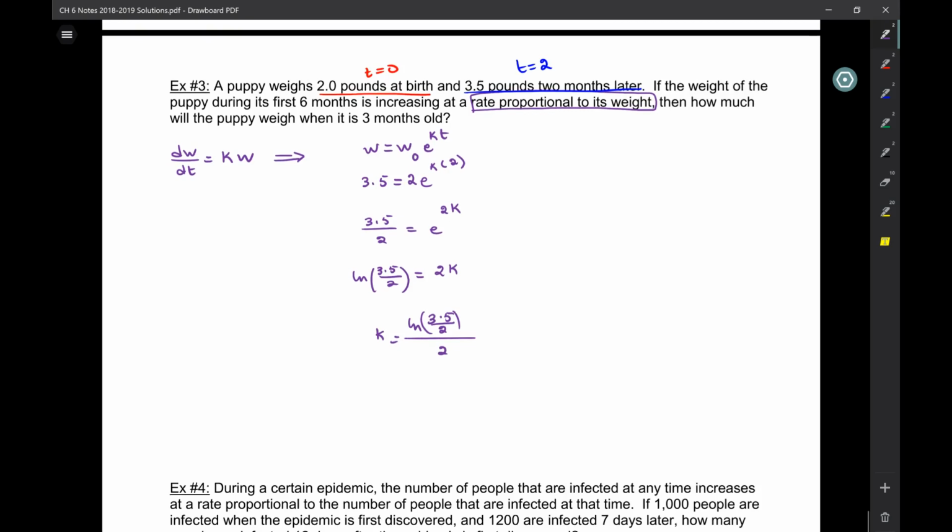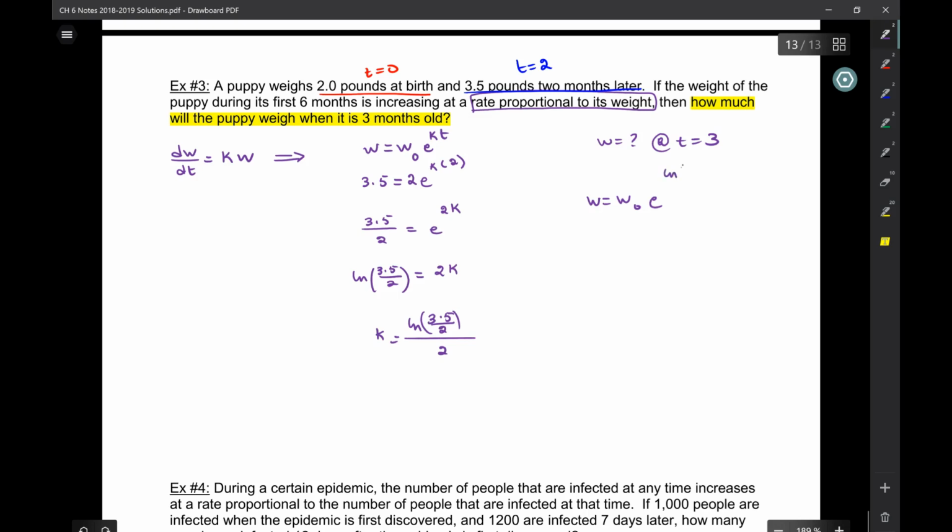Okay, are we done with this problem? No, we're not. What's it asking us? How much will the puppy weigh when it's 3 months old? So what's W at t equals 3? So now I need my equation back. My equation is W equals W naught e to the k times t.